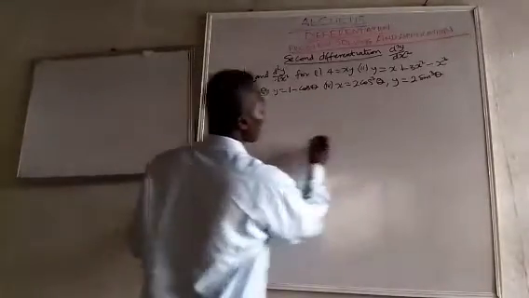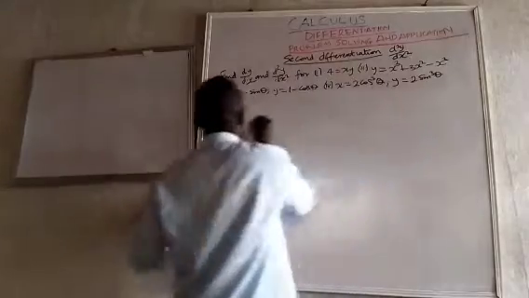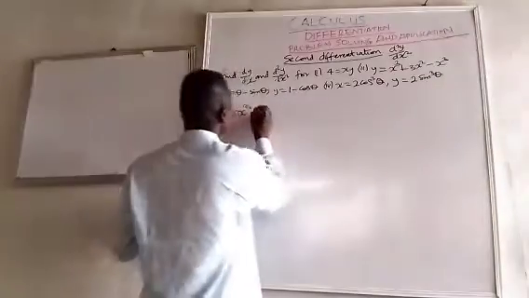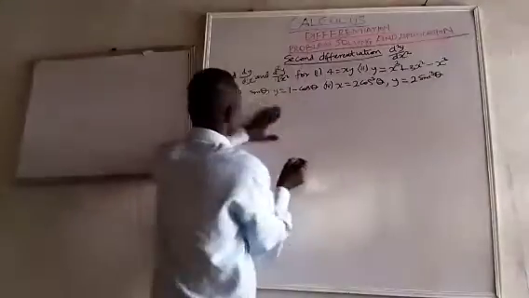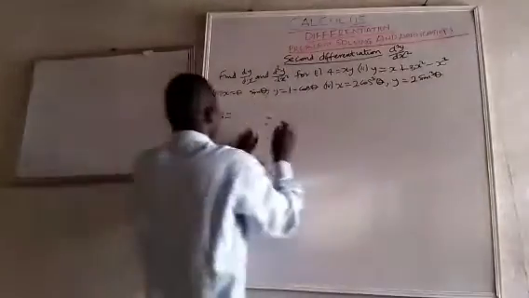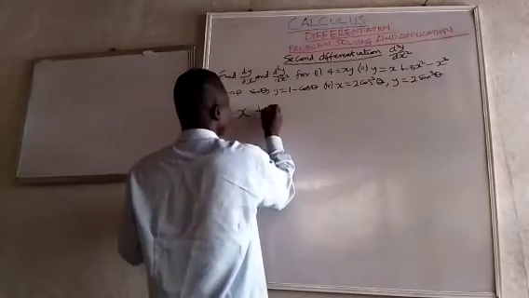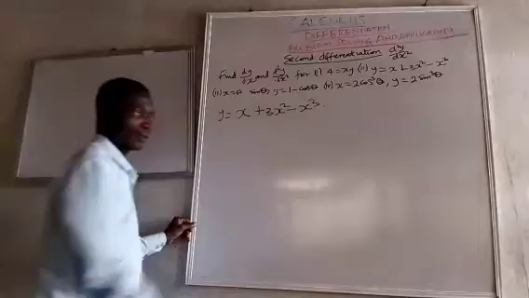Y equals x plus 3x squared minus x cubed. Sorry about that.